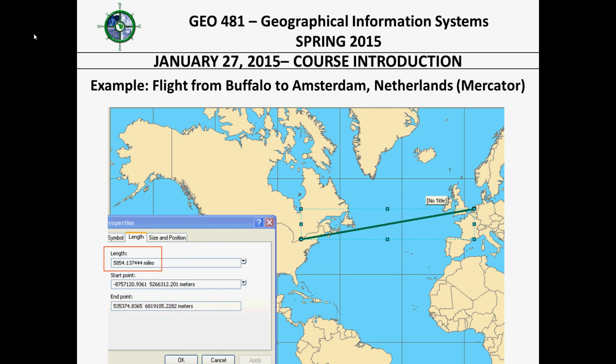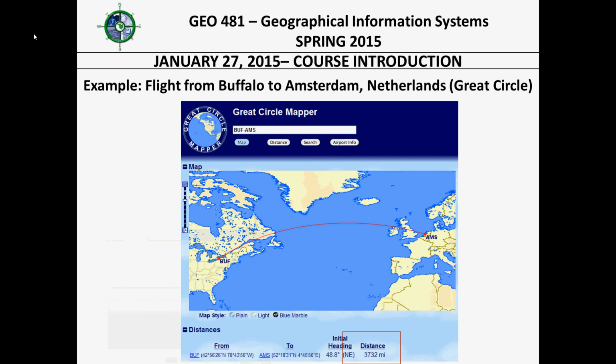And I actually used the globe for this, but this map does not preserve direction, so this is what you would perceive on this map as the shortest distance to Netherlands. But if you mapped it, in actuality, that's the shortest distance. And this map also doesn't preserve direction, and you can tell because the shortest distance is in a straight line.